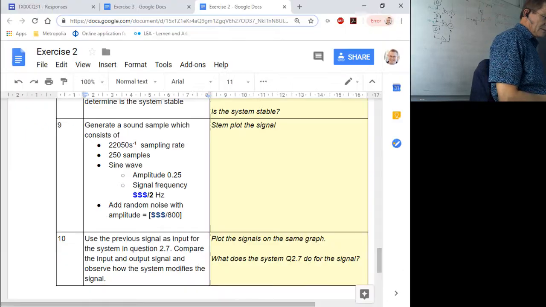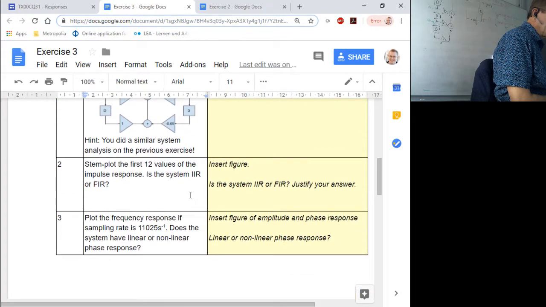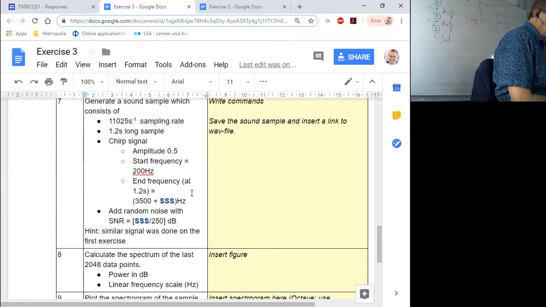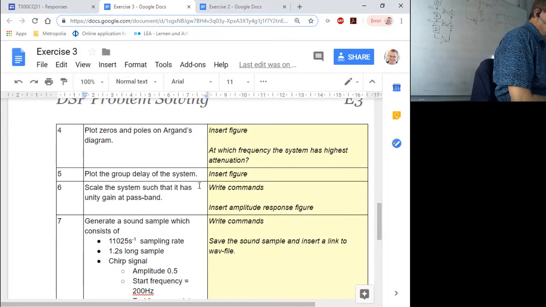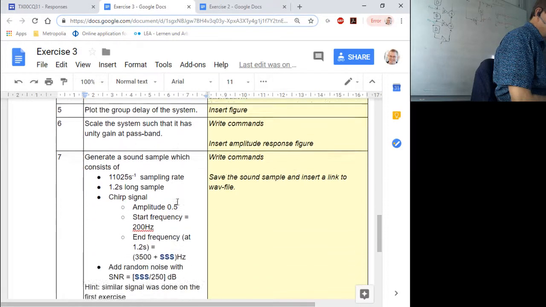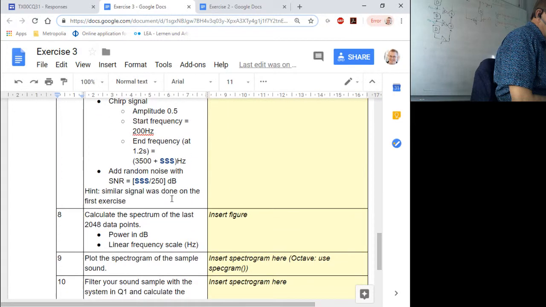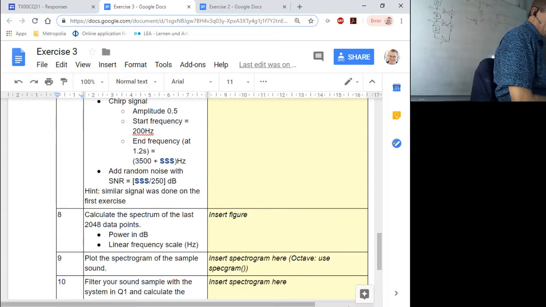Good. Let me take a quick look at what else there is to be done. All right, group delay. Unity gain scaling done. Then the spectrum of signals. Okay.